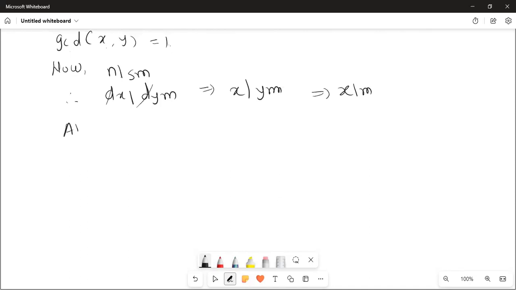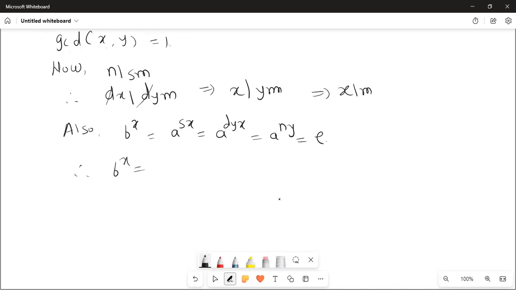Also, here b raised to x, that is a raised to sx, which is equal to a raised to dyx, and dx is n, so a raised to ny, which is equal to the identity e.